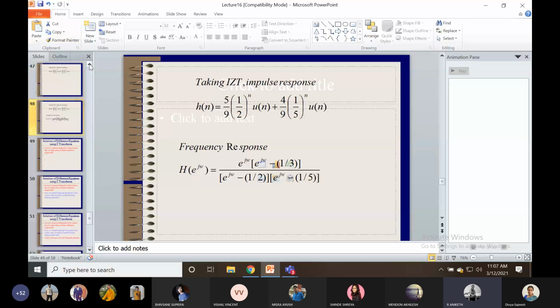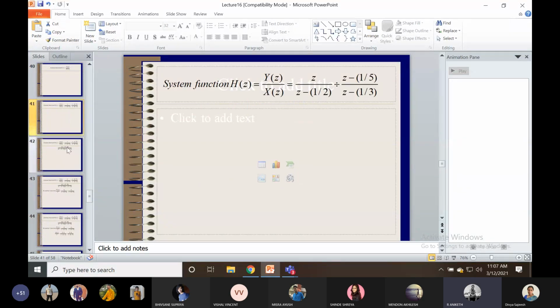You should get a general form. Let us go back to this. Okay, this is H(z). How will you obtain the inverse Z transform for this? I need to obtain impulse response, that is h(n), which is in the time domain. This is in the z domain.